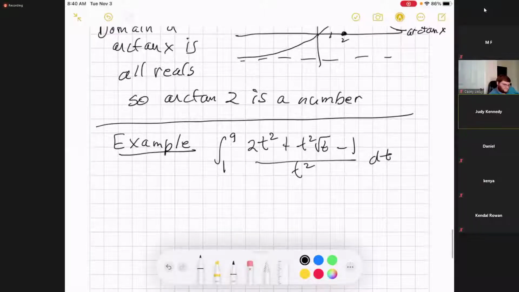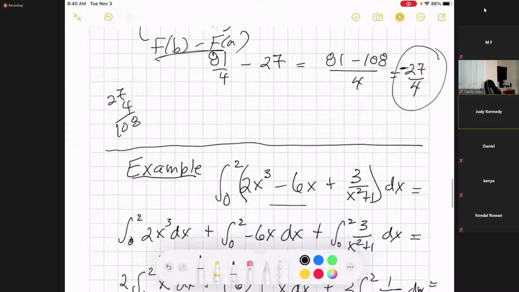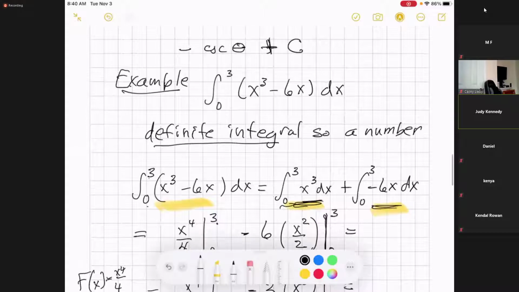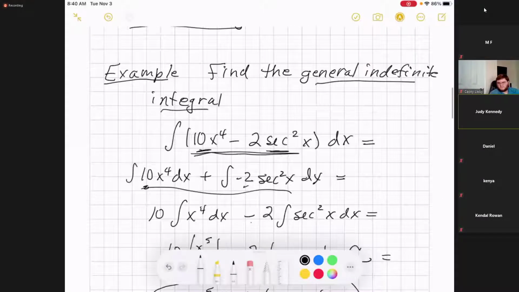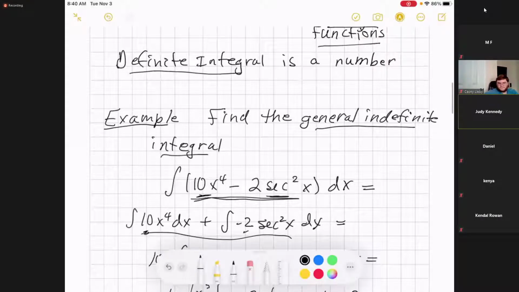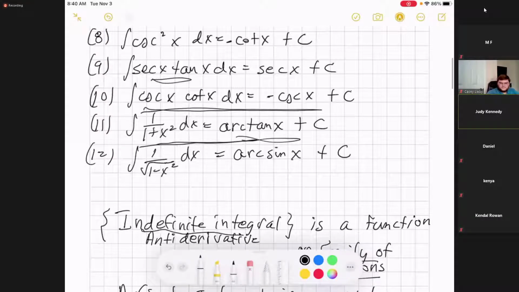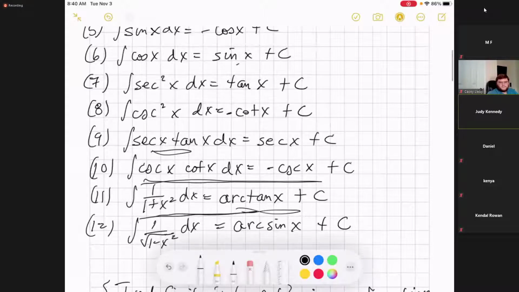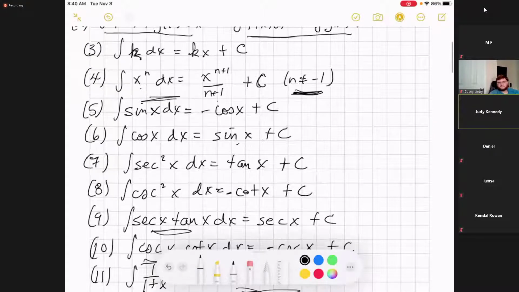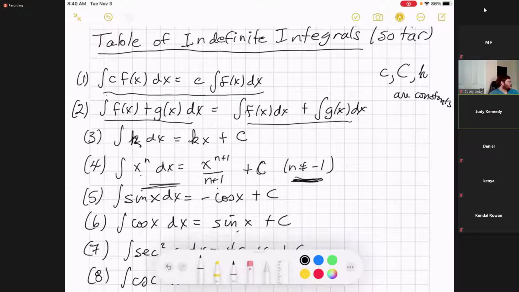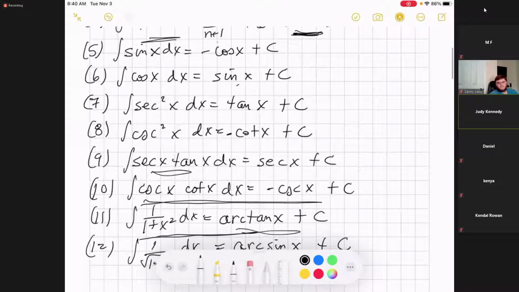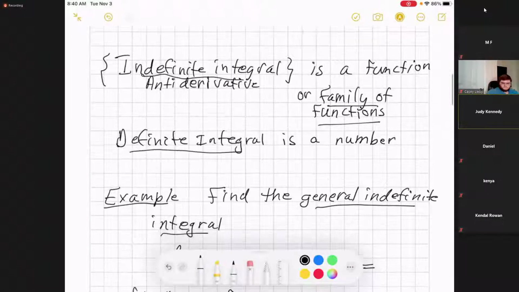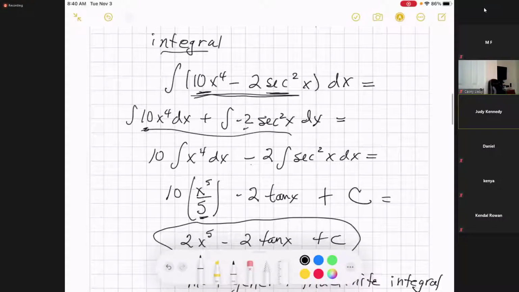And there's nothing in our list that tells you what to do when you have the quotient of two functions. In fact, there will never be anything in any list that will tell you what to do when you have the quotient of two functions. You have to figure out a way around it.